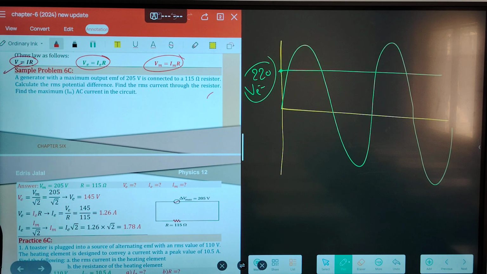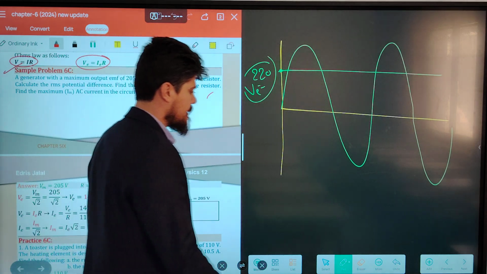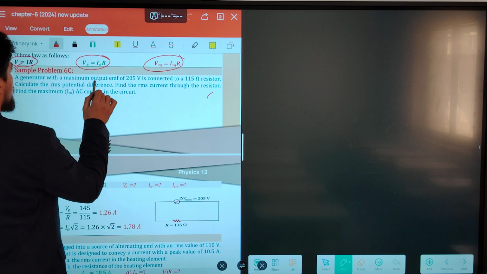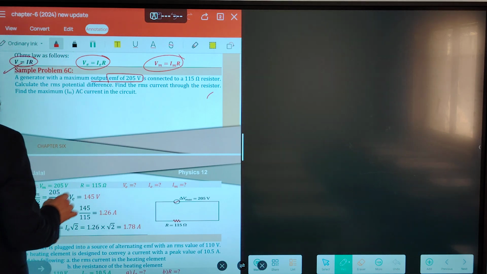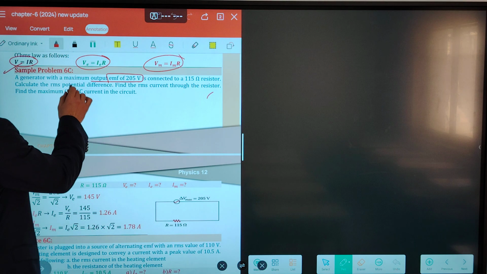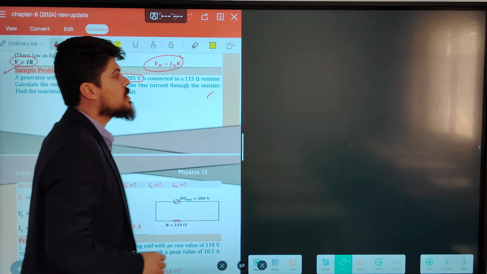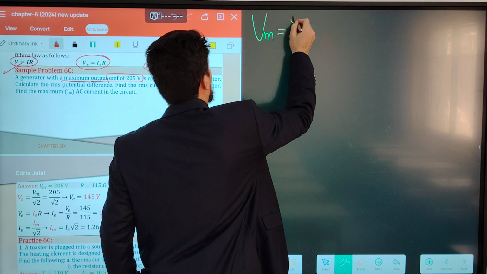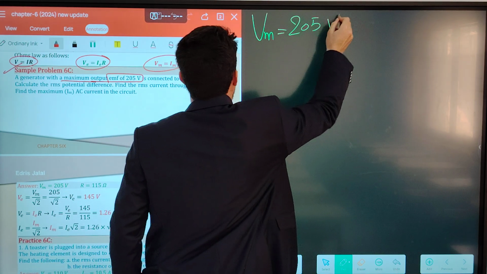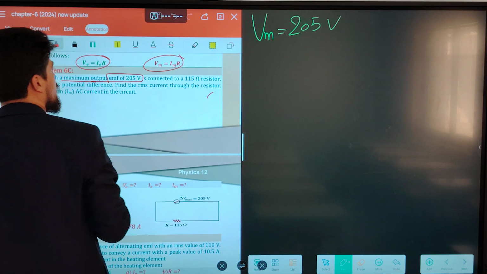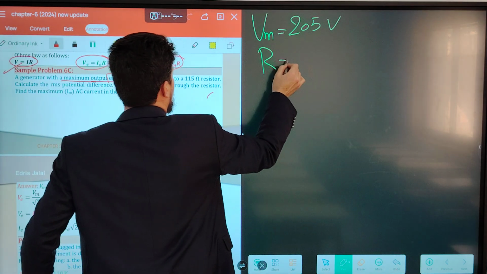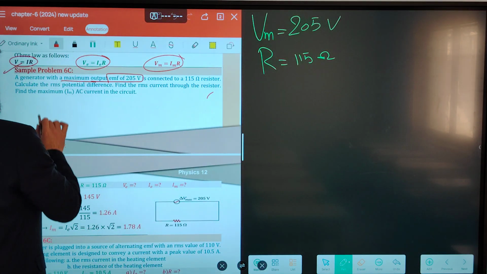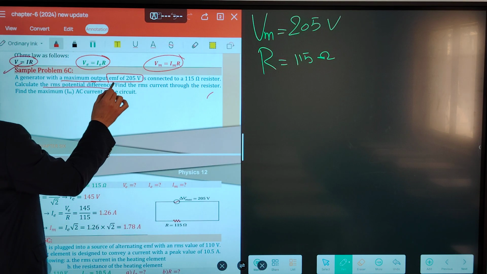Guys, sample problem 6C. A generator with the maximum output potential difference, which means VM, is equal to 205 volts, connected to a resistor of 115 ohms. Calculate the RMS potential difference.